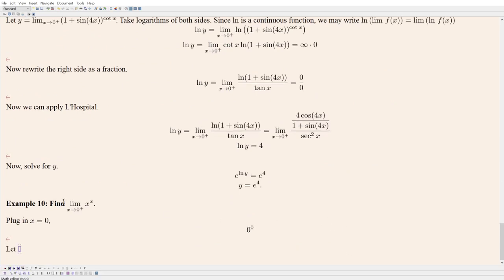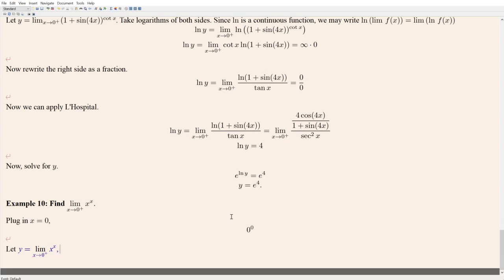So what was our strategy? Well, let's give this limit a name. Let's call it y, or L, or whatever you want. And then take logarithms of both sides.